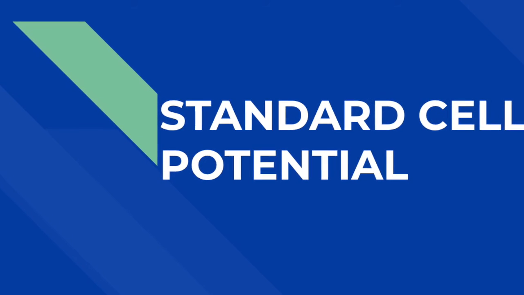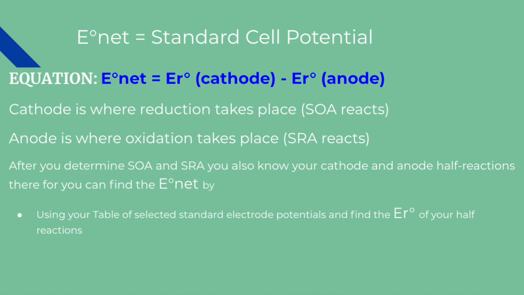The next thing we're going to talk about is standard cell potential. With this equation that I have, you can find out whether your cell is spontaneous or non-spontaneous. So whether the reaction is going to go through completely or is not. So in this equation, you have your cathode and anode. Let's remember that your cathode is where reduction takes place and your SOA reacts. And your anode is where your oxidation takes place.